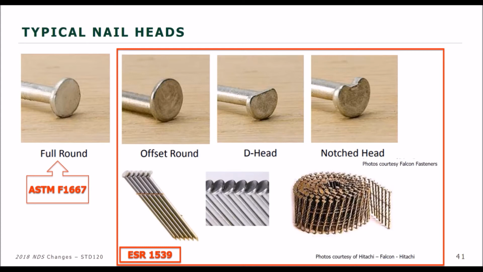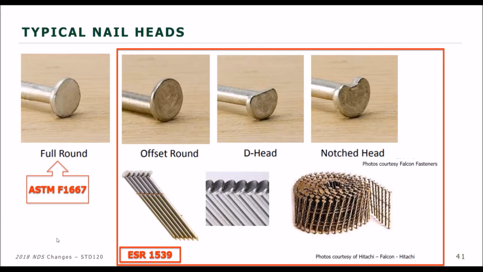One of those is through ICC called ESR 1539, and that deals with power-driven fasteners like the ones shown here on the screen. So we're going to talk a little bit about properties of those nails. One of the first things that we'll deal with has to do with the head diameter and how it's configured.